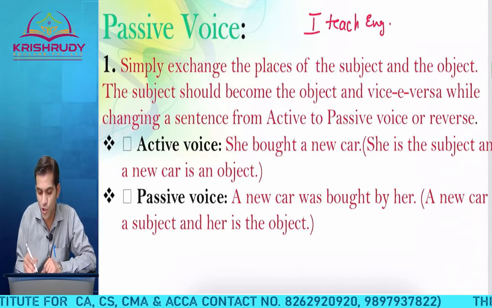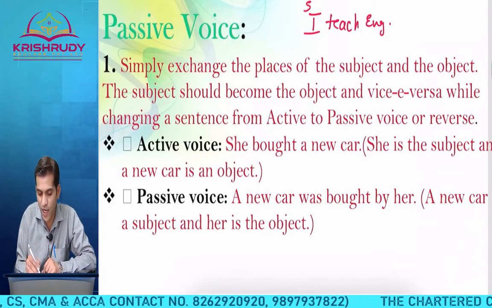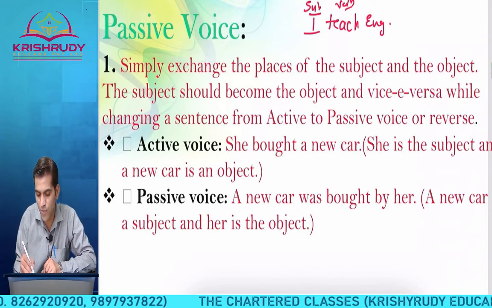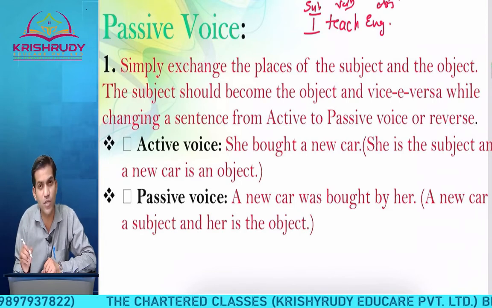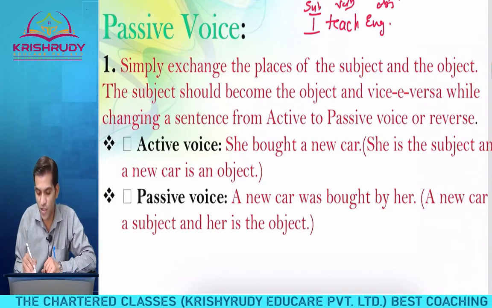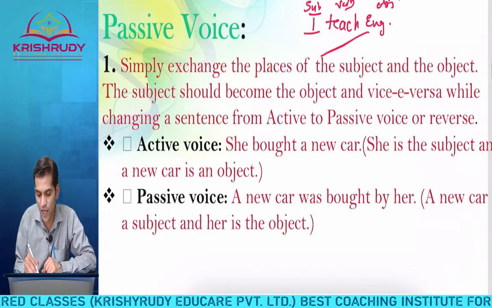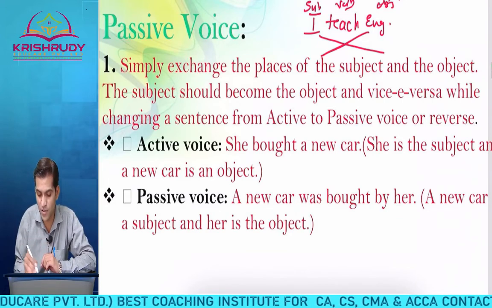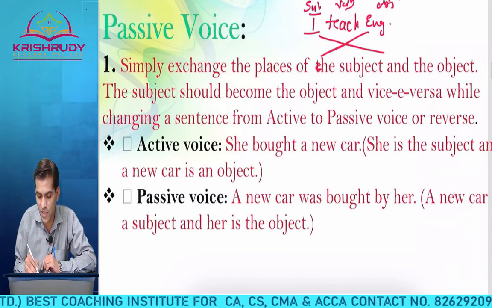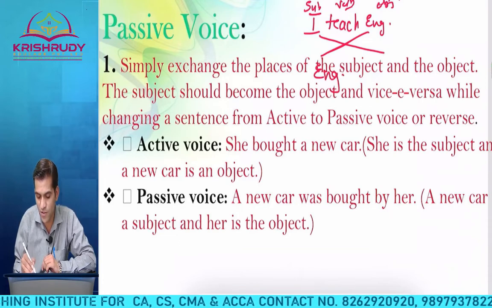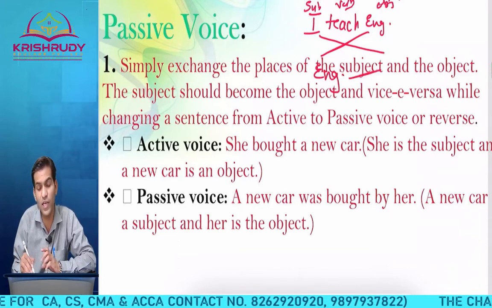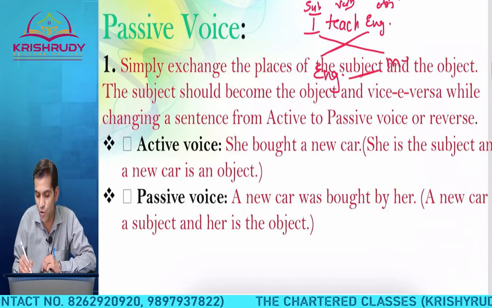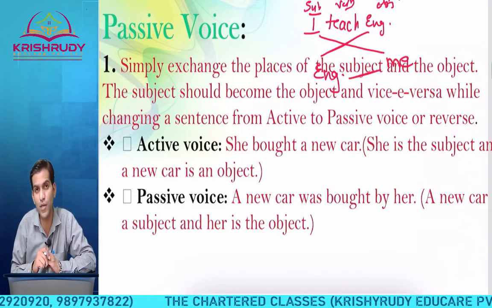Here you easily find that I is the subject, teach is the verb, and English is the object. So you just need to interchange the places of the object and subject. So in passive, English would come first. We leave the place for the verb, and I will be changed into me.